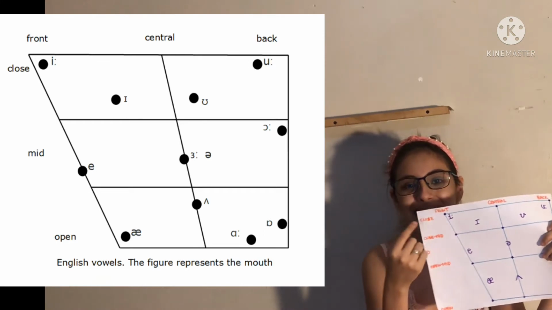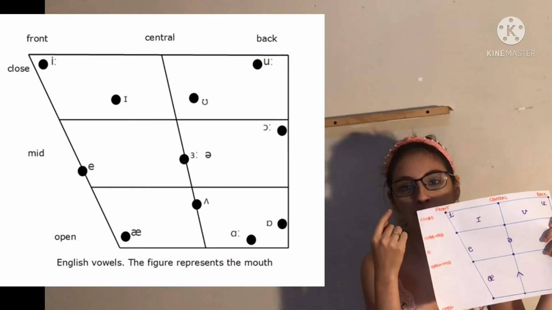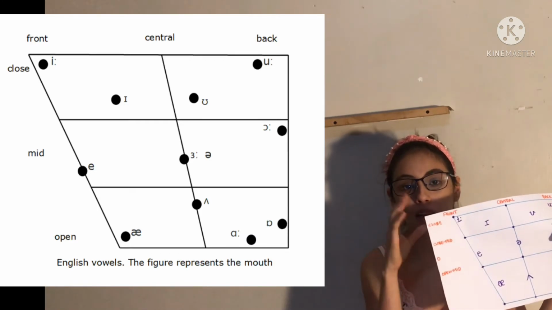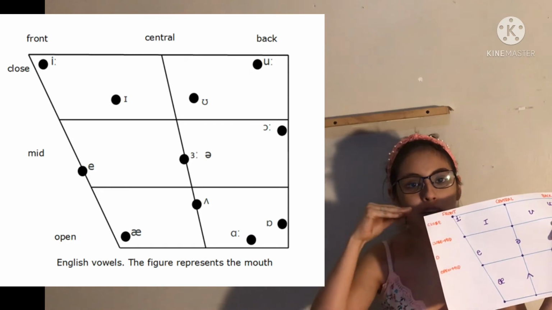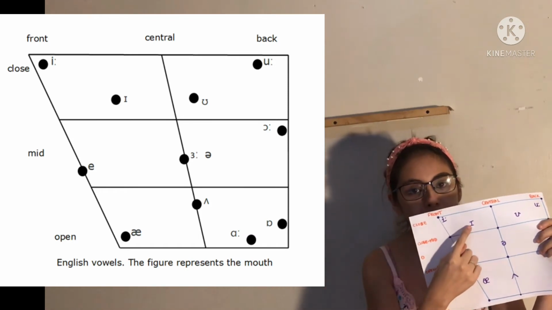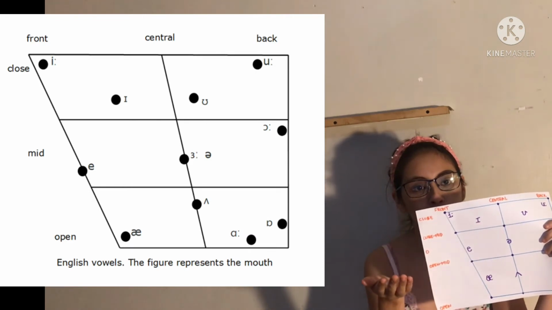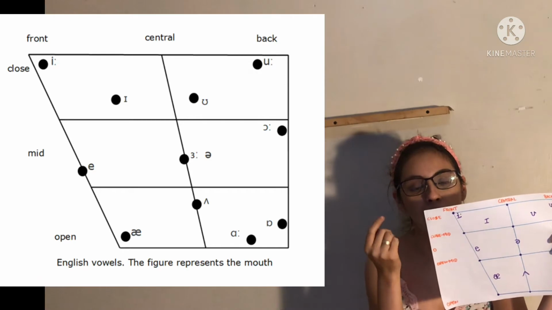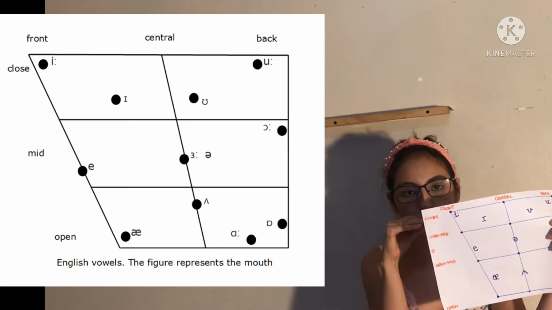The E, our tongue should be forward and the mouth closed, stretched to the side. Then the E, the position of the tongue is forward and the lips are closed.